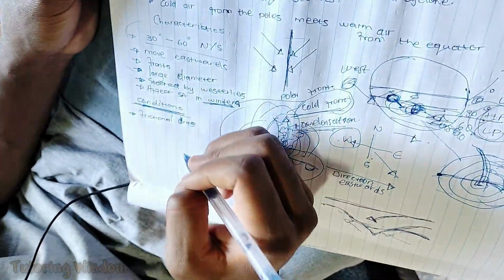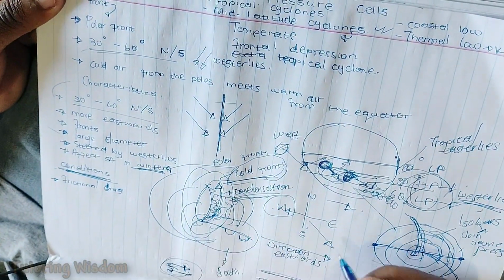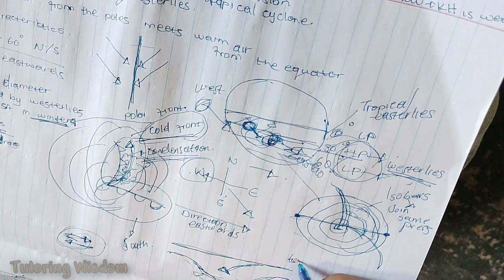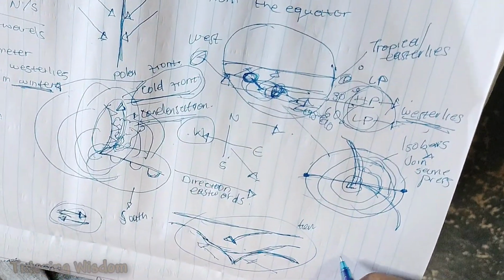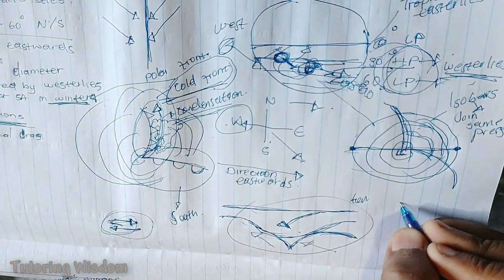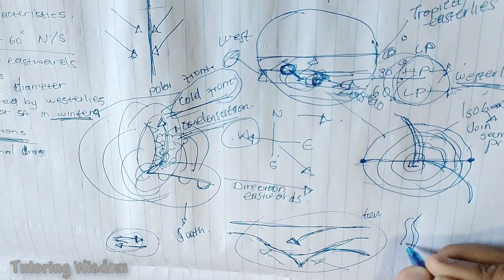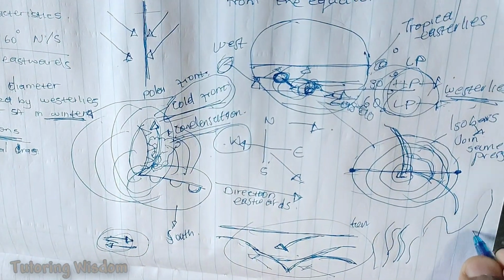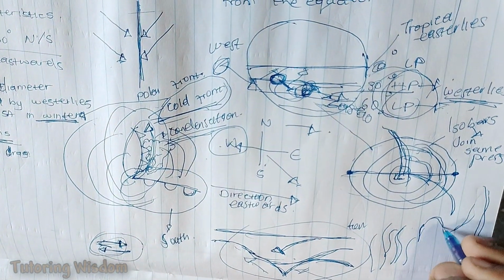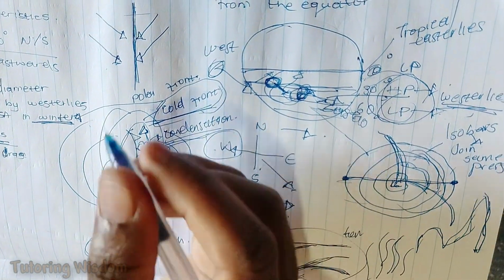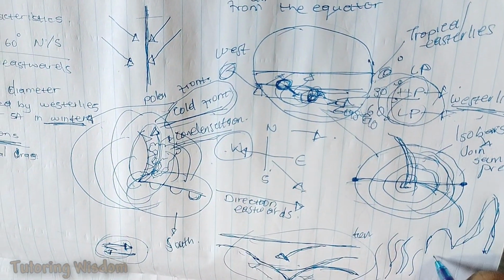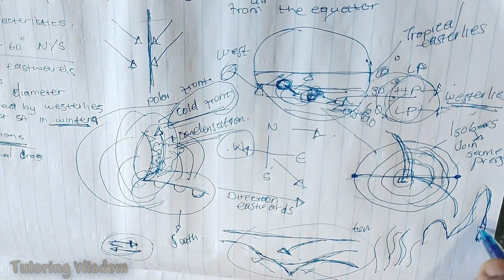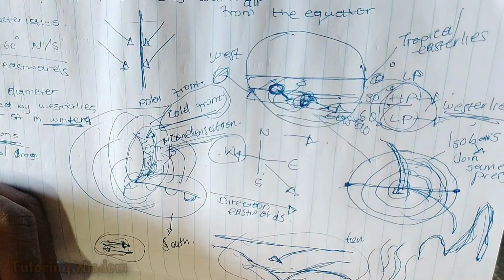Frictional drag can also happen because of temperature differences between your air masses, or when winds move from ocean or water surfaces to land. So that could cause your frictional drag. That's why cyclones or low pressure cells always become weaker on land.